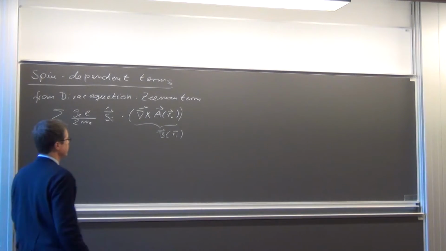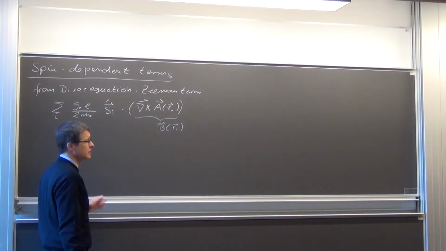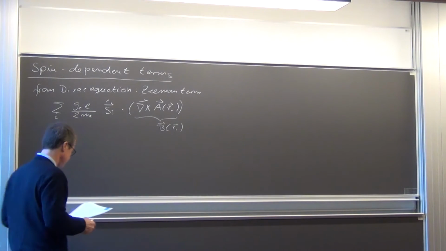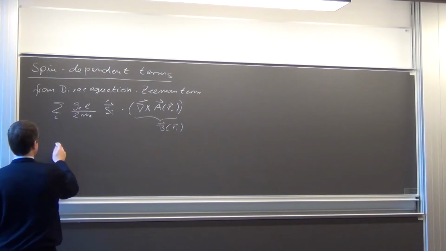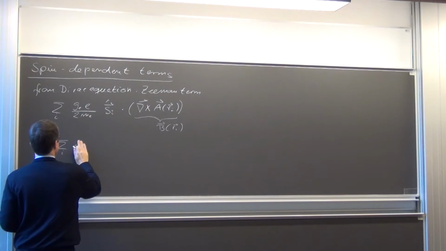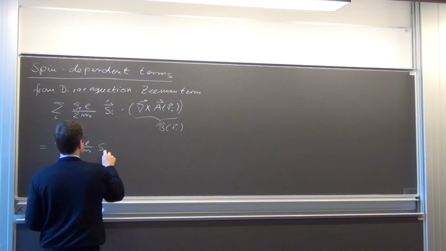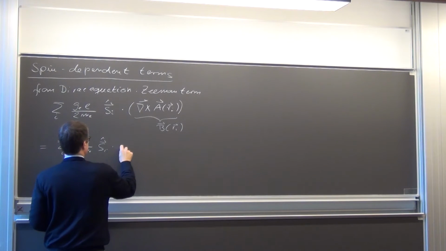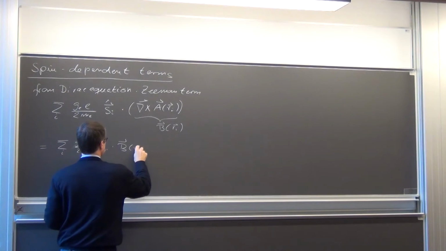That is from classical electromagnetism, the definition of the vector potential. And so what we actually have here is just an interaction of the electron spin times a magnetic field at that position.